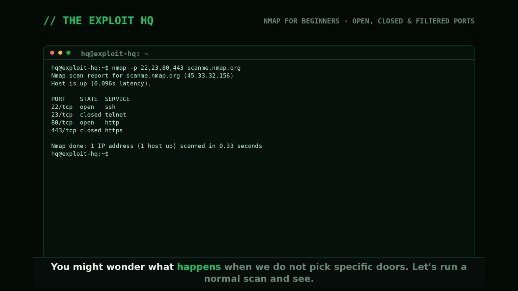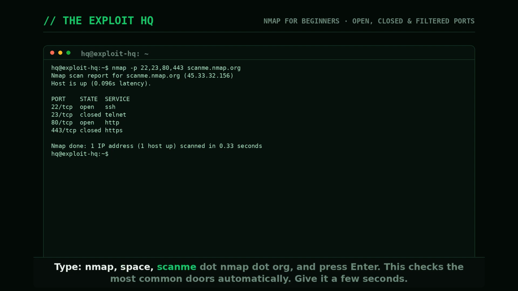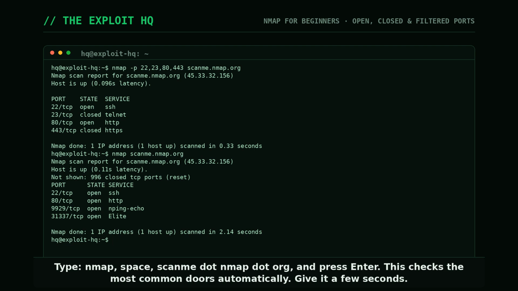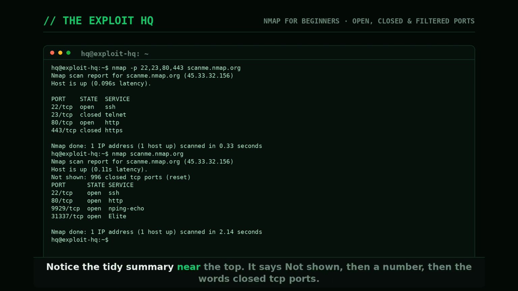You might wonder what happens when we do not pick specific doors. Let's run a normal scan and see. Type nmap space scanme.nmap.org and press Enter. This checks the most common doors automatically. Give it a few seconds. Notice the tidy summary near the top.